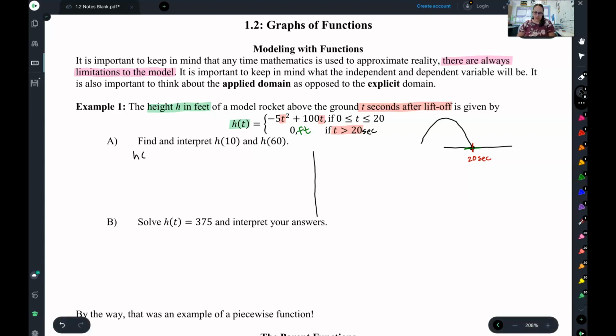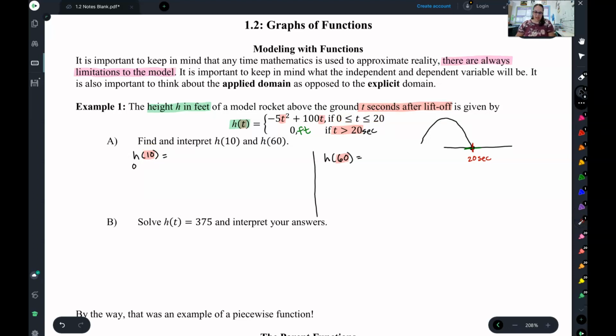So we're going to start by finding and interpreting two different things. We want h of 10 and h of 60. So that 10 and that 60, those are both times, t's, inside the parentheses. So we want at 10 seconds and at 60 seconds. So we're going to plug them into the piece of the problem where it fits. So this 10 seconds, that fits between 0 and 20.